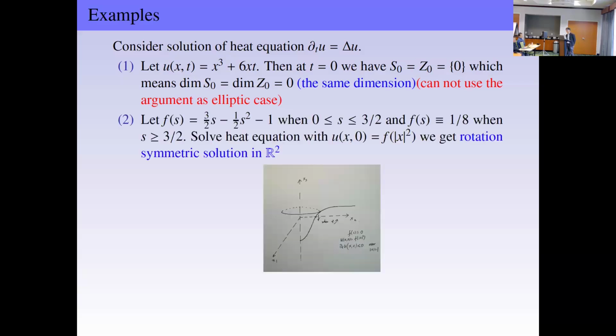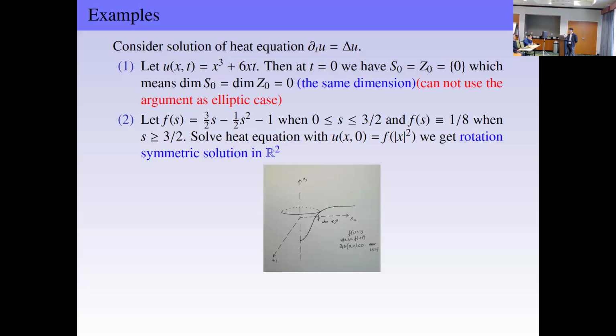Another example is that we can construct a rotationally symmetric solution in higher dimension. Just consider the dimension 2 case. We can start from rotationally symmetric initial data and then flow using the heat flow. One can easily show that the solution is also rotationally symmetric. Since the solution is rotationally symmetric, the nodal set is just a circle.